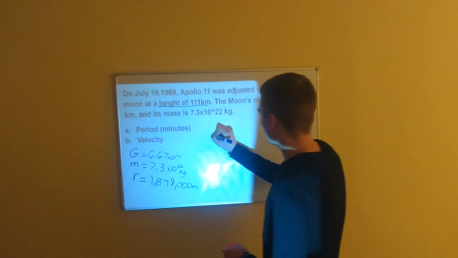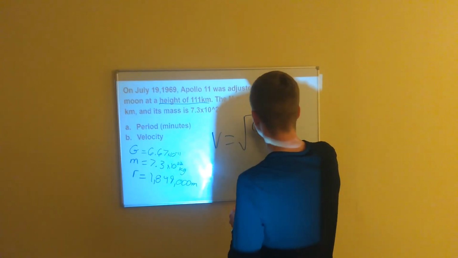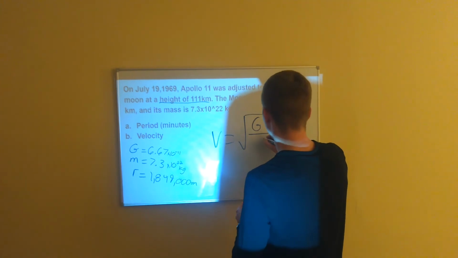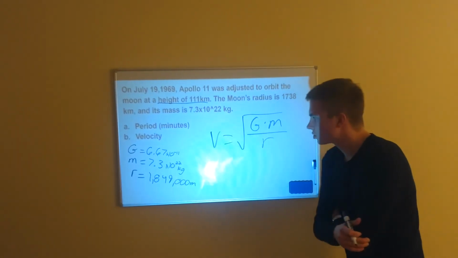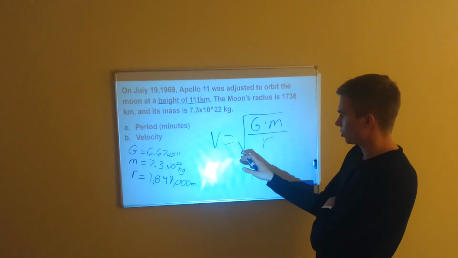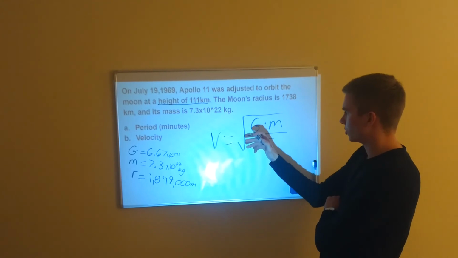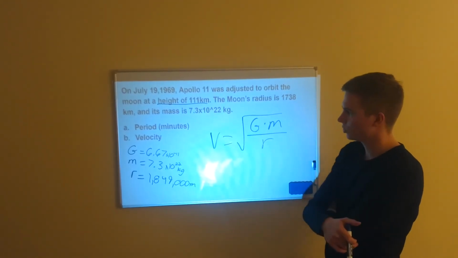And our V equation, I'm just going to draw this out. It's kind of the same message. Okay. So again, make sure you're including that square root in there. Make sure you're properly multiplying g times m and then dividing everything by r before taking that square root.